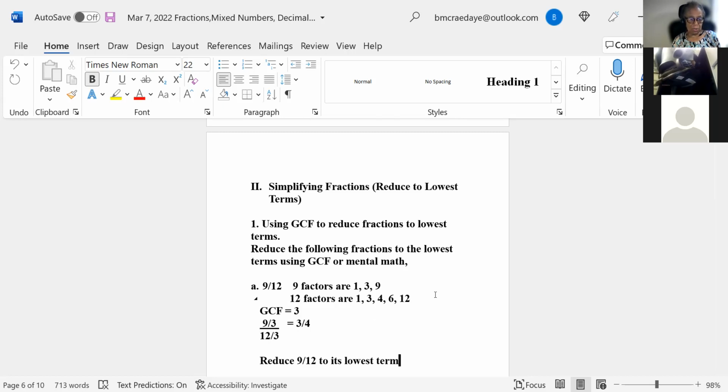What method would you use? I would do 3 and 4. It's like 3 into 9 is 3, and 3 into 12 is 4. Okay, that's good. So you just did mental math.